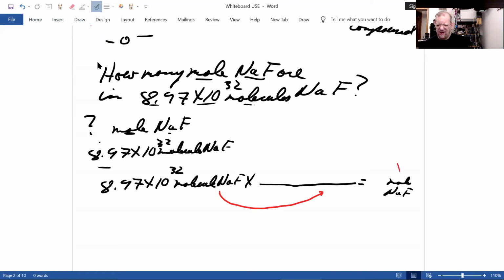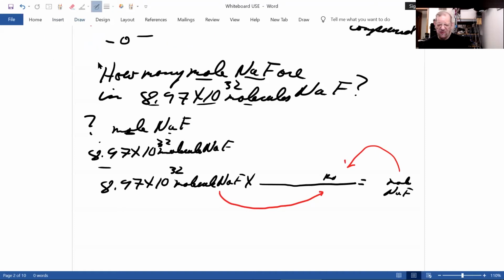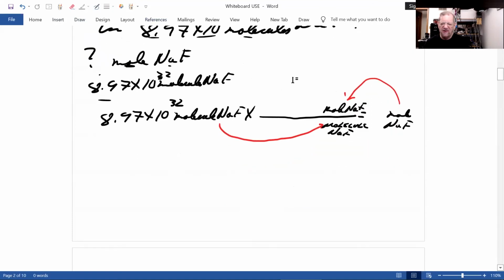Whatever I'm trying to get to goes on top. And we're talking about the units. And now I know what goes on top and bottom. Unit-wise, I can write on top moles NaF, underneath molecules sodium fluoride, NaF. Where do I get that number? And you'll be given this at the end of test number 2 under important information.